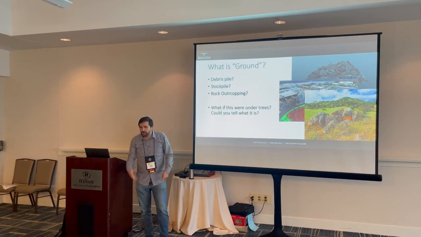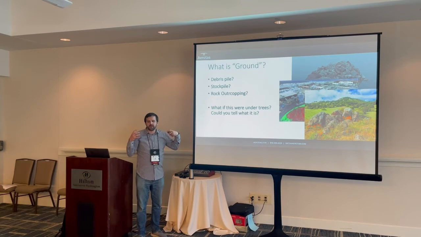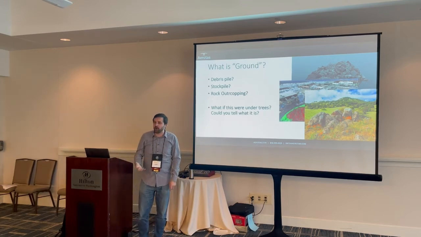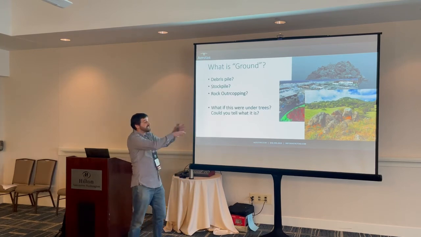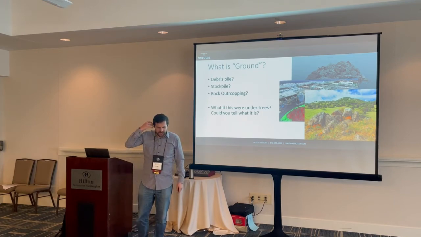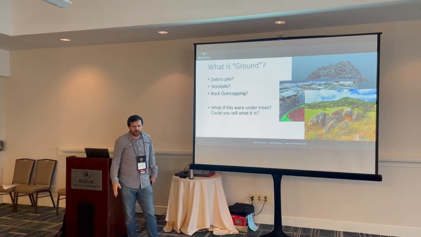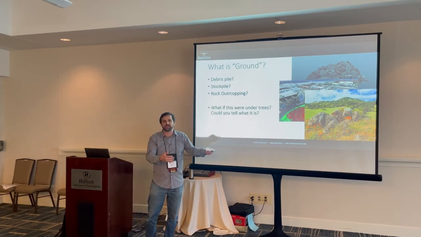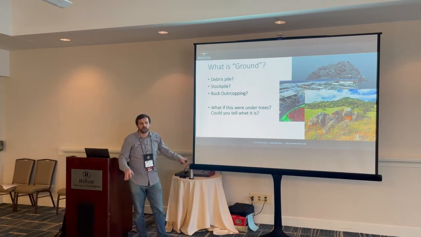These are the type of things that automatic classification routines have a really, really hard time discerning between, because they don't actually see what it is. They don't have the context. Even the most advanced AIs in machine learning and point cloud methodology don't have the context to be able to know, oh yeah, clearly someone abandoned a car underneath the forest and that's what that is, so I'm going to exclude it as part of the ground.